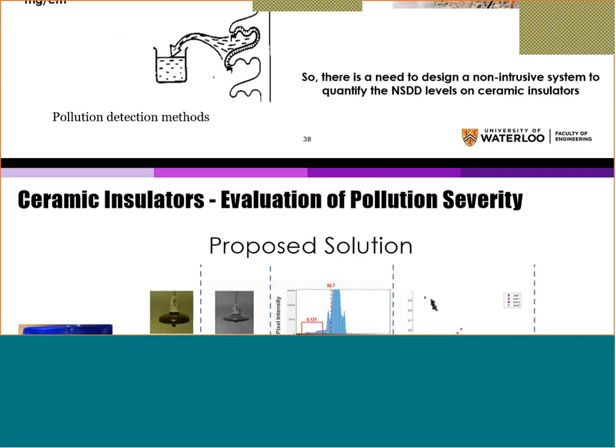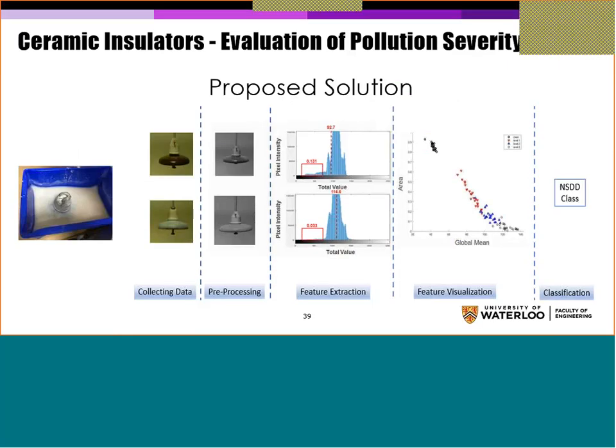And this is summarized in this diagram. What we did here: this is a clean ceramic insulator, and this is a polluted one. You can see the whitish color here. We bring insulators and pollute them using a standard method with a standard pollutant, which is whitish in color.